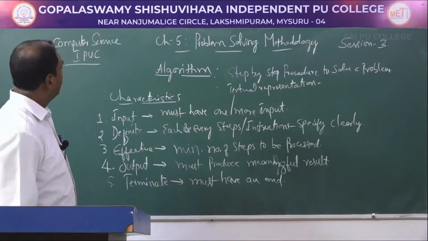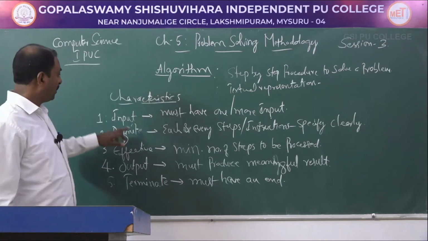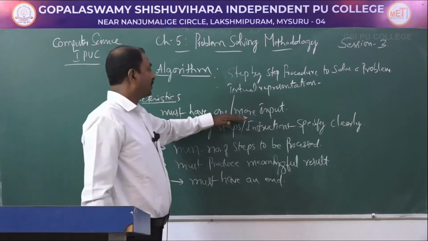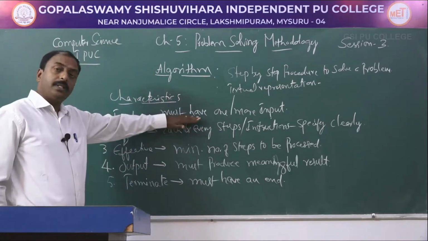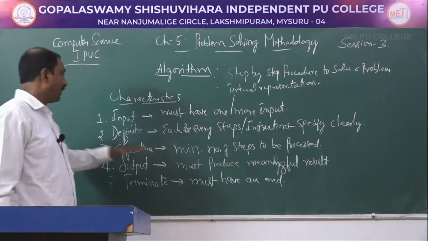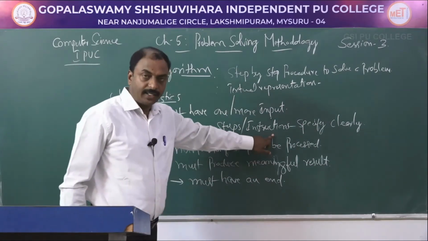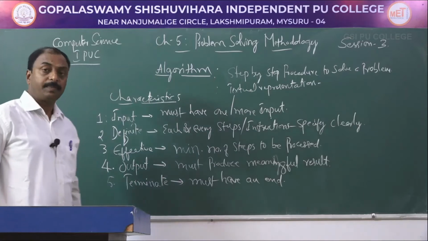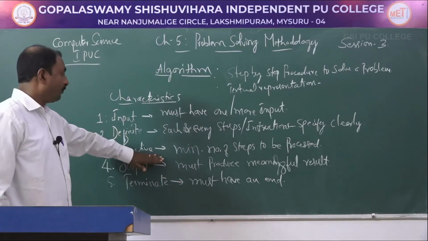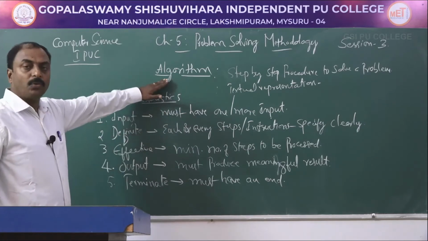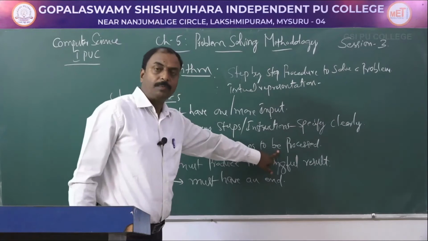So students, these are the characteristics of an algorithm. They are input, which means the algorithm must have one or more inputs for processing. Without input, there won't be any output. You know that. Similarly, definite: each and every step we write should be very clearly specified. And effective: your algorithm will be more effective if it has a minimum number of steps to solve a problem.